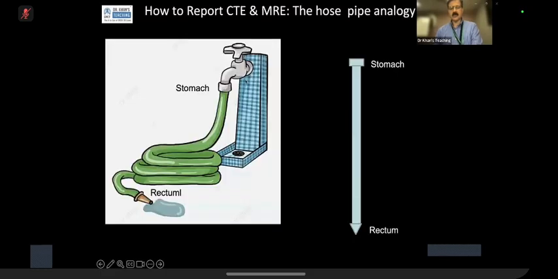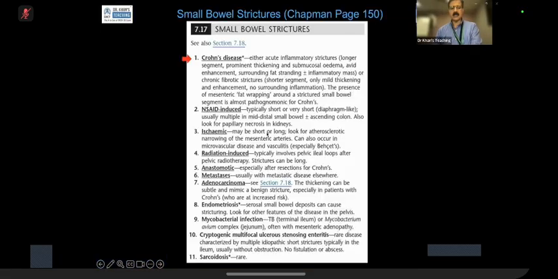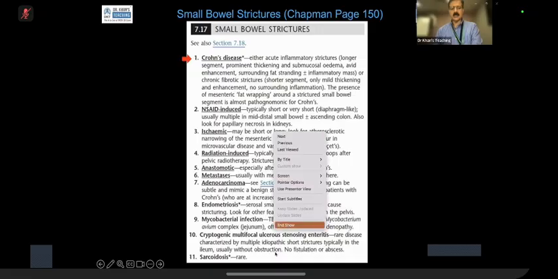Consider the stomach and the rectum or anal canal here, and you have to go all the way till here, or vice versa, or up and down, stomach to rectum. And the point is that is what this case is about.